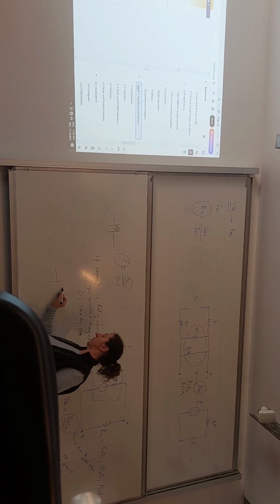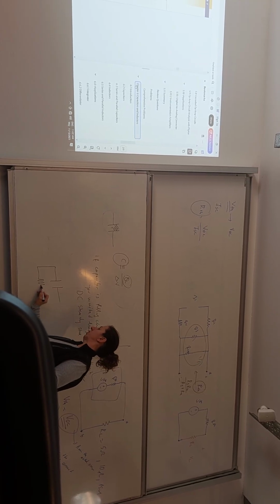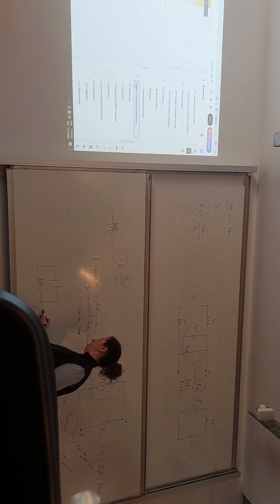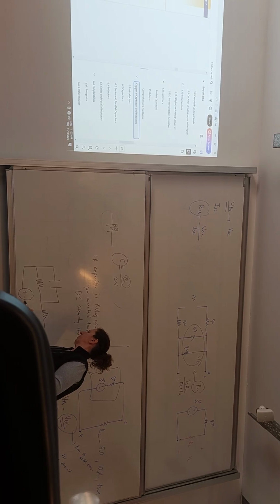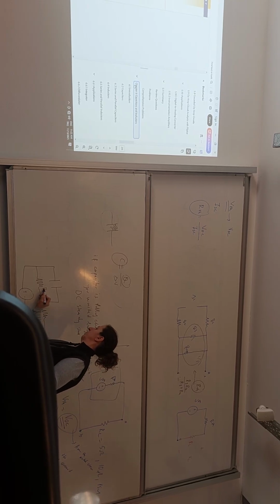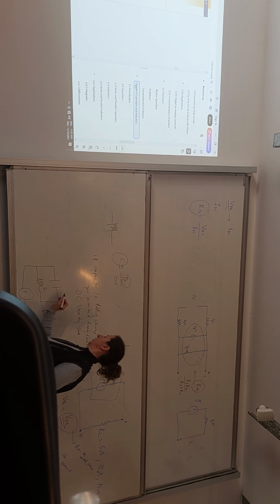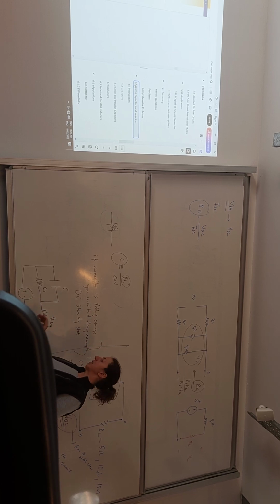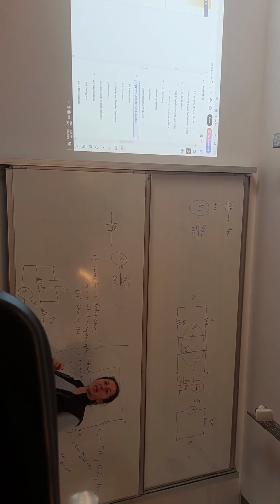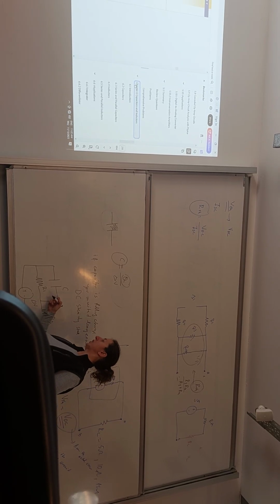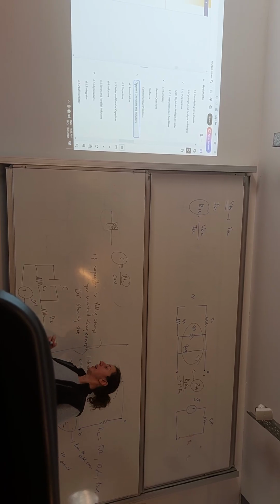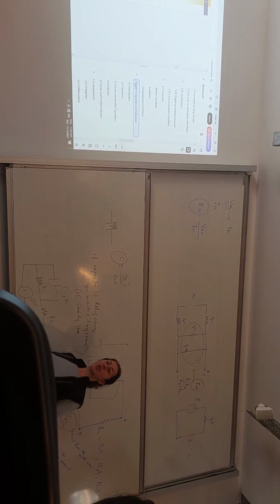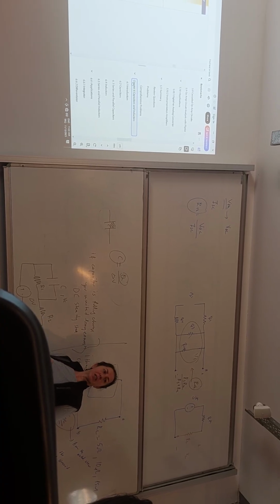But the problem is, if this is your system, and I said that I waited long enough and the system reached steady state, and I ask you what is the current flowing through the capacitor, what would be the answer? Zero. If I ask you what is the potential across the capacitor, what would be the answer?